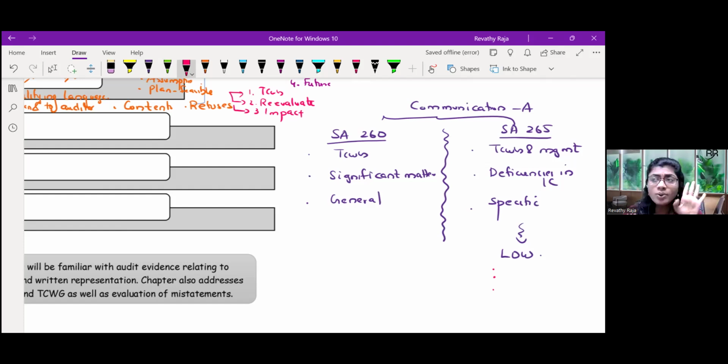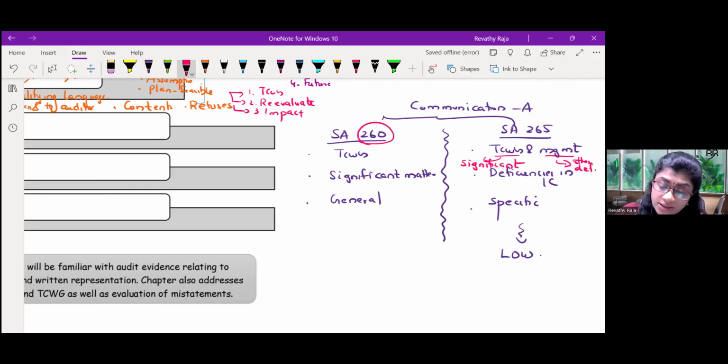You are only going to express an opinion on financial statements, and you will give your suggestion. So mark it, guys, we are not going to express opinion on internal control. Now, why management and TCWG? Significant internal control deficiencies go to TCWG, whereas to management you will communicate other deficiencies.